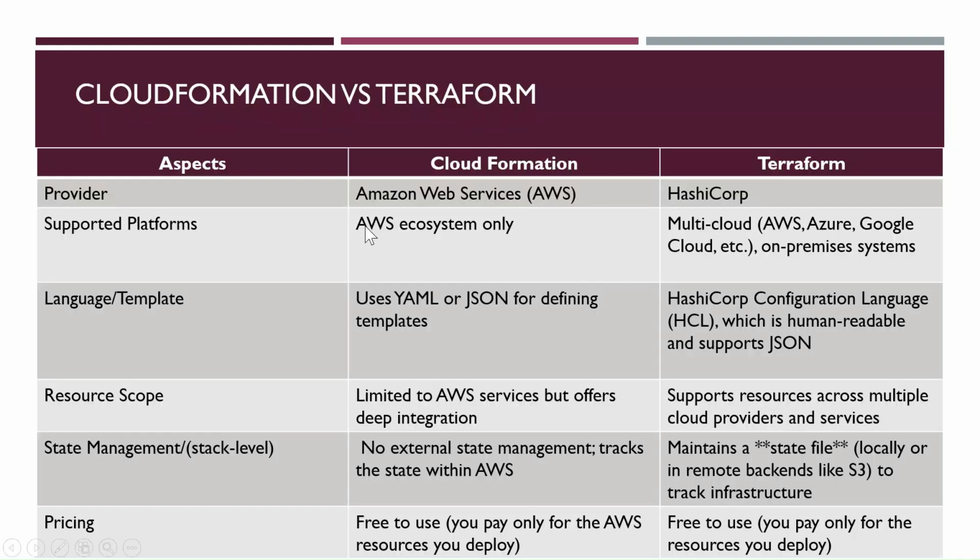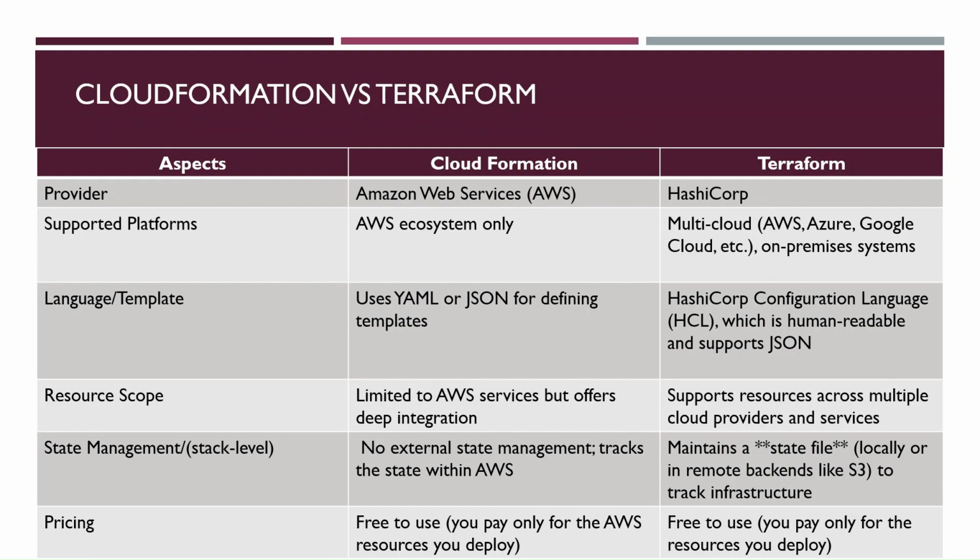Now let's discuss the difference between CloudFormation and Terraform. CloudFormation is provided by Amazon Web Services, and Terraform is provided by the company HashiCorp. AWS supports only the AWS ecosystem, but Terraform supports all types of cloud providers like AWS, Azure, Google Cloud.